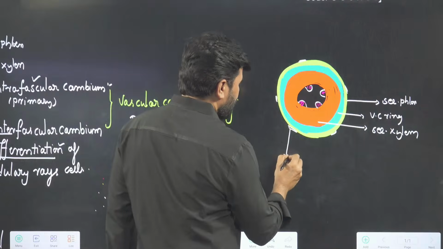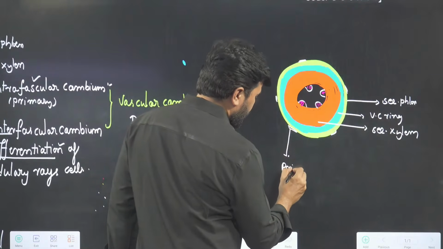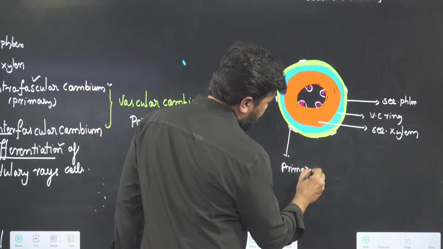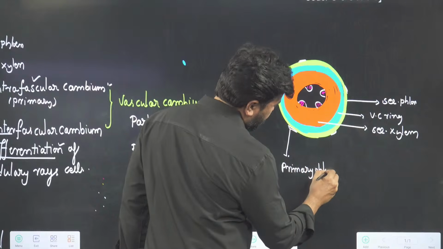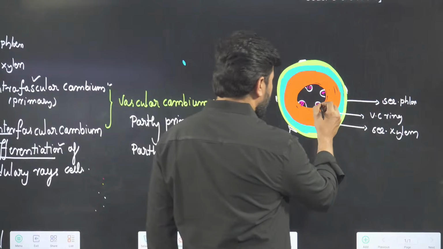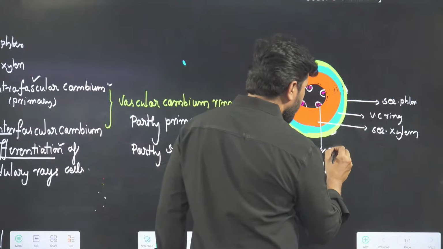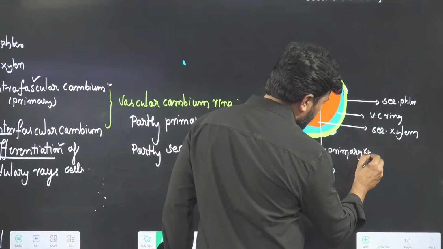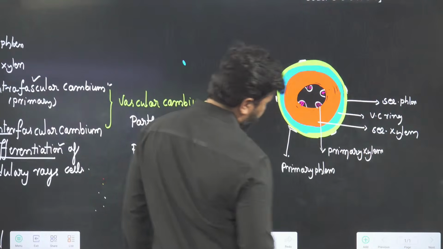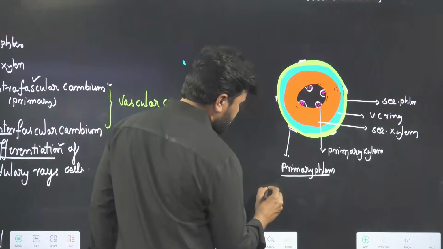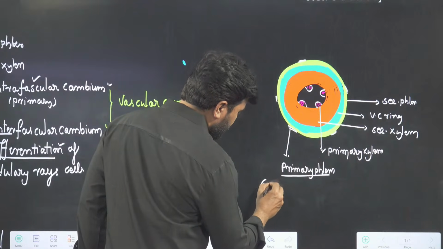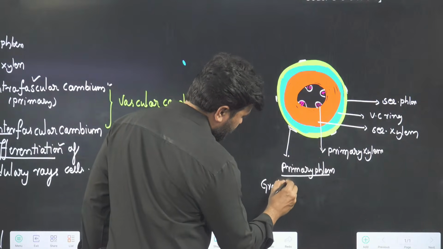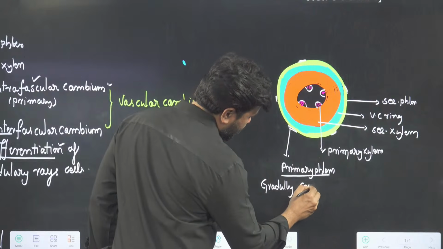Imagine this is primary phloem and this one is primary xylem. First we need to confirm what happened to them and then we will go further. Primary phloem gradually crushes off.